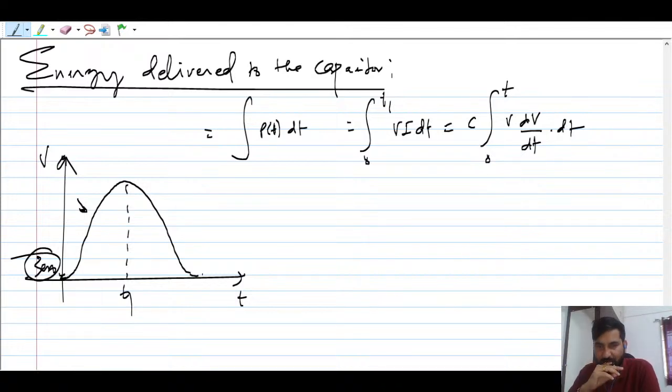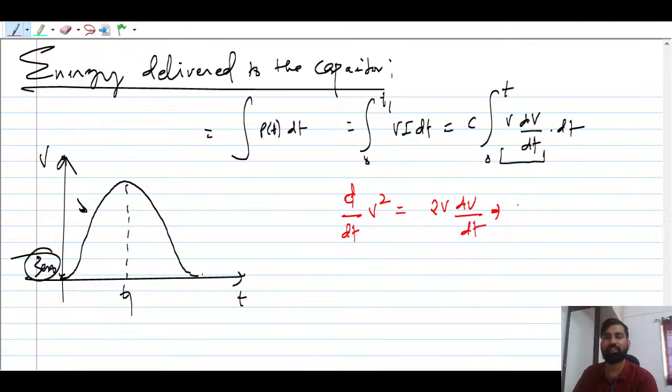Now how can we manipulate this? This is important, so remember it. How do we get this expression? Suppose you differentiate d by dt of v square. It is nothing but 2v dV by dt.